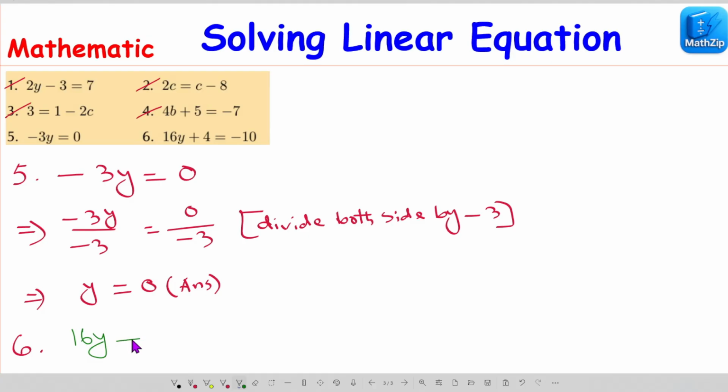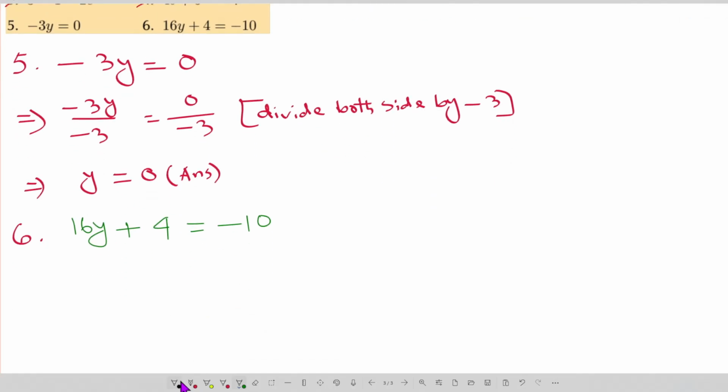16y plus 4 equals minus 10. So this one, first 16y plus 4 minus 4 equals minus 10 minus 4.